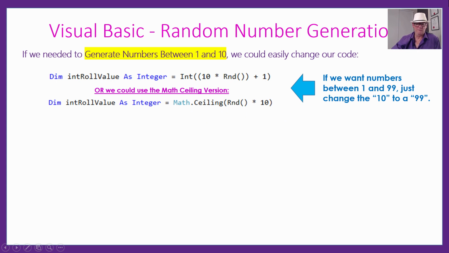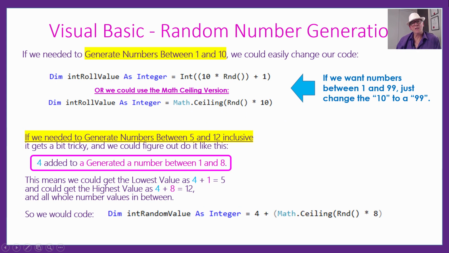But what if you want to get numbers between 5 and 12? So they're not starting at 1, they're starting at some other number. Now here it gets a bit tricky, but next we're going to show you a simpler way. But if you were just thinking about this yourself, based on the information we've already got, you have to think of 5 to 12 as being 4 added to some random number between 1 and 8.